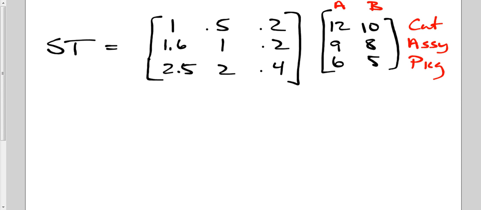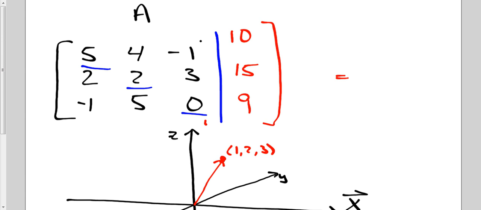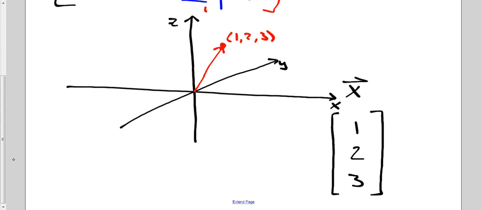right? Now, here's the trick here. Let's go back 2 pages. When I multiplied this, remember I took the A matrix, which is this stuff in black, and I multiplied it by X, which was a 3 by 1 matrix, right?